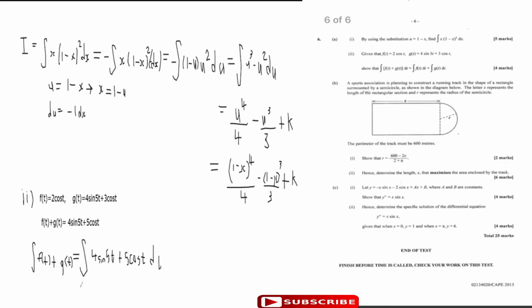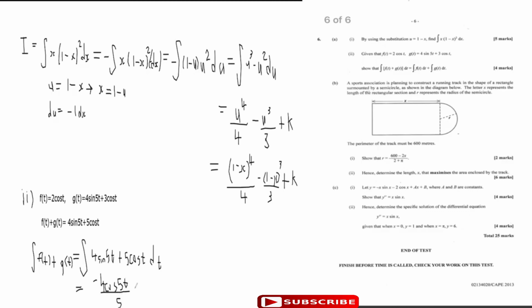So let's work this out. When you integrate sine, you get minus cos. So you get minus 4 cos 5t divided by the differential of 5t, which is 5.